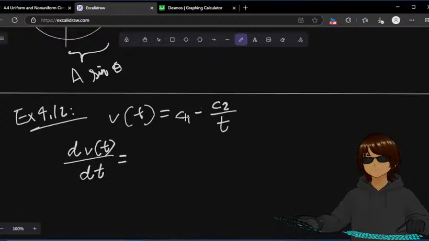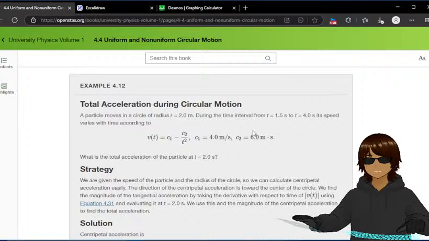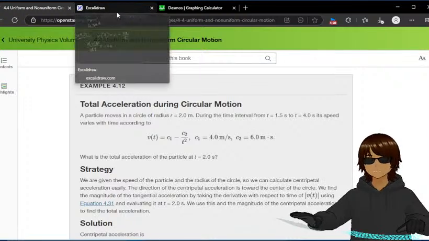So derive this with respect to t, it's 0. And then we have minus c2. This is the tangential acceleration, minus c2, which is minus 6.